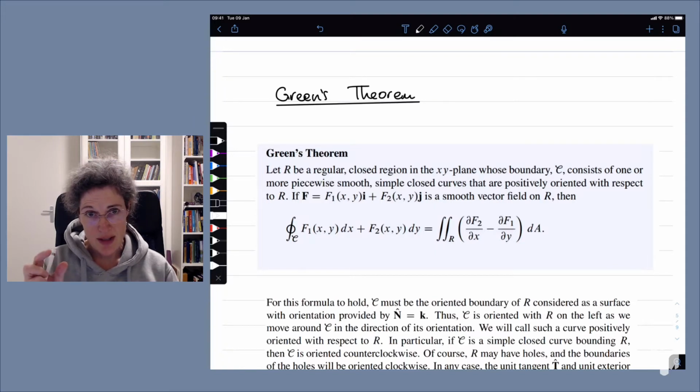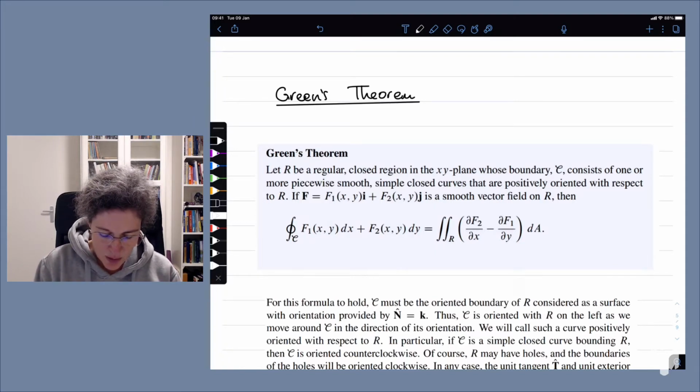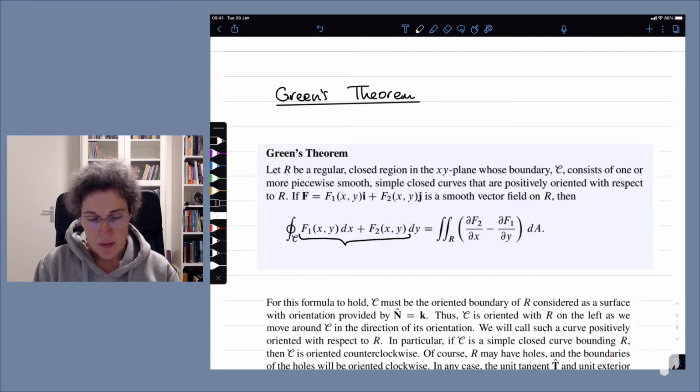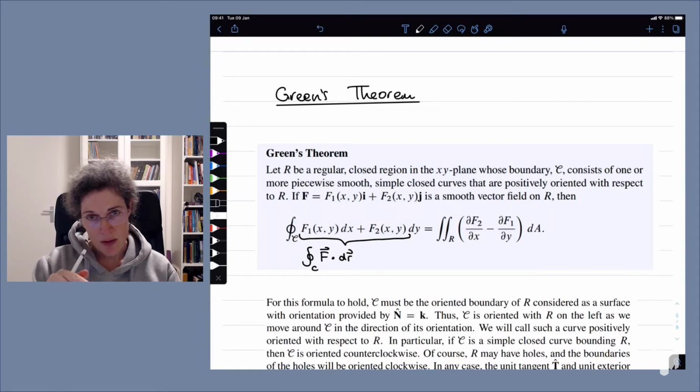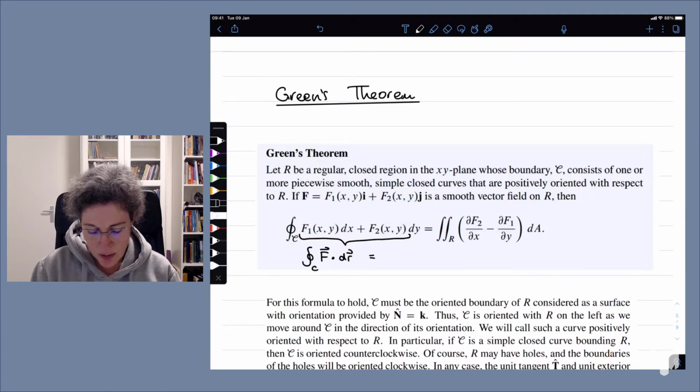What I've just said is that if you look at the macroscopic value around a line integral. So remember, this is what we get if we look at f dot dr. So this really says if you take the line integral of your vector field around dr, that's going to be equal to, well, this bit over here is actually just the curl.